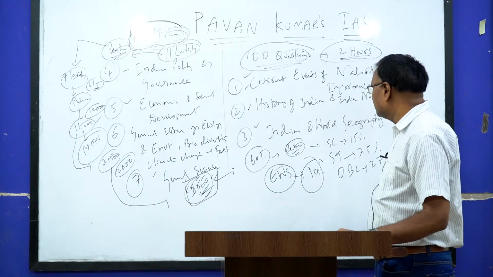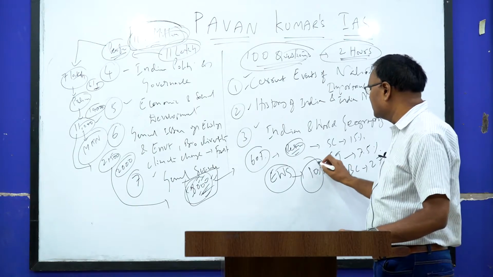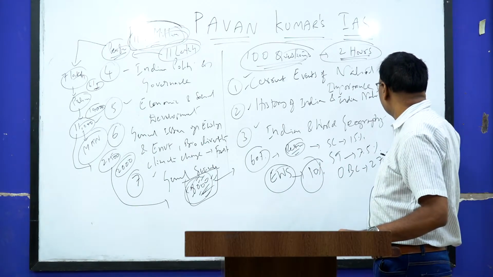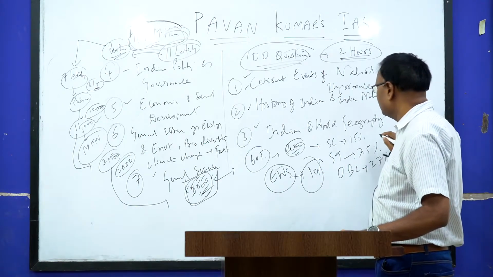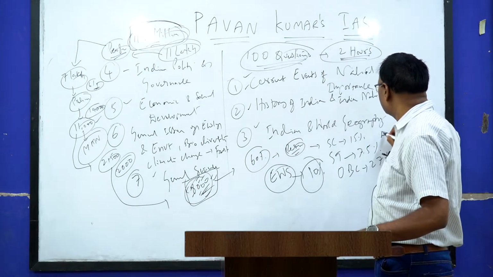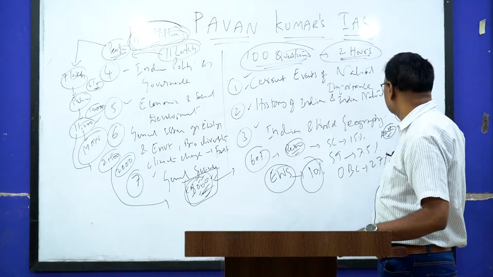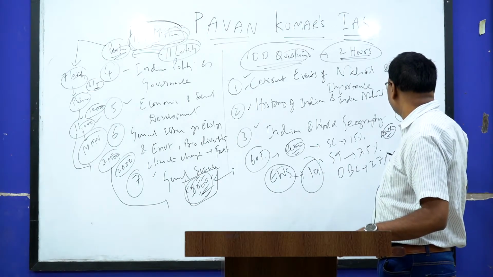So almost 59.5% reservations. And then we also have reservations for disabled people, around 3%.